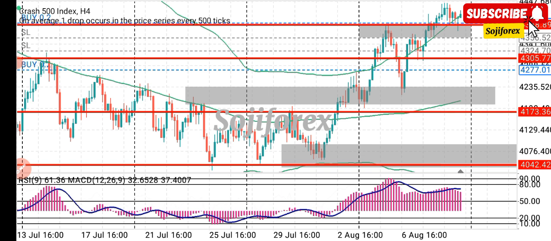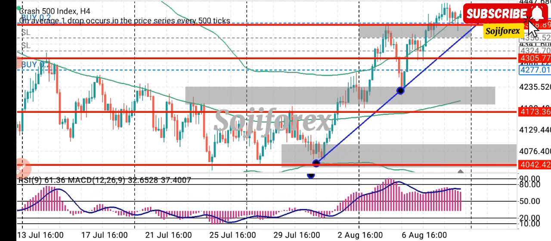So the next thing you need to do, please pay attention now. We have done the price action, number one aspect. Then number two, connect your trend line. So here is my trend line being connected.